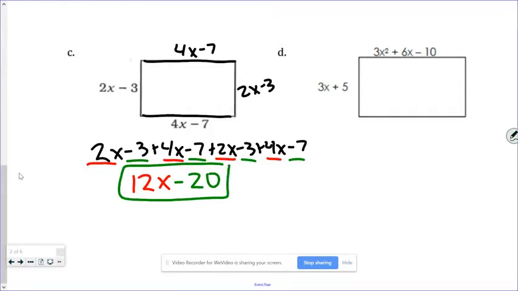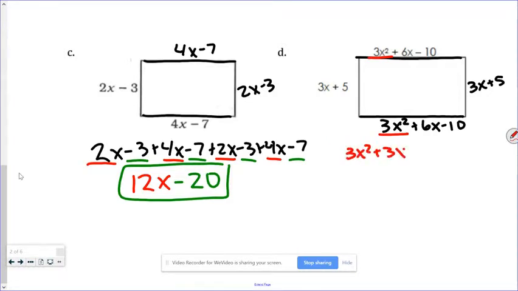Cool. Okay, then next one here again, the opposite sides are equal or congruent. So I will fill those in like that. I'll add them all up. I'll do the way here, so I'll add up my x squared first. So 3x squared plus 3x squared is 6x squared.